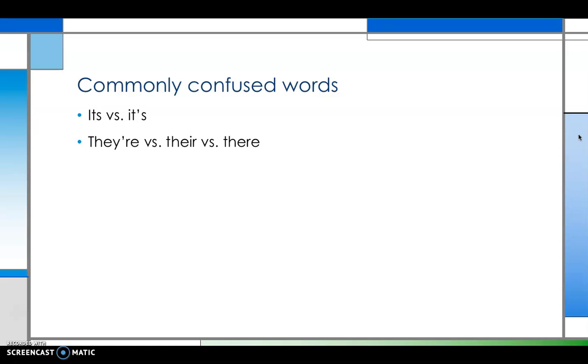The heir is the person who will eventually get the fortune or the kingdom, right? So anything that belongs to them right now will eventually belong to the heir. So I know that's really cheap. It's the best I can do to help you guys with remembering that one.